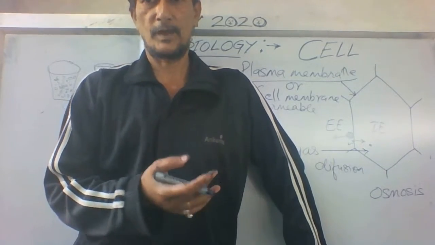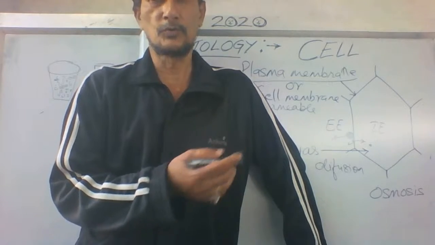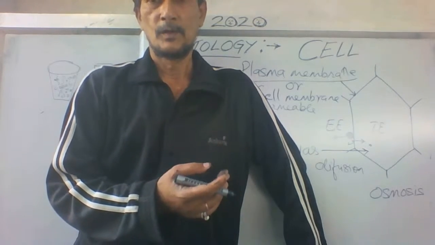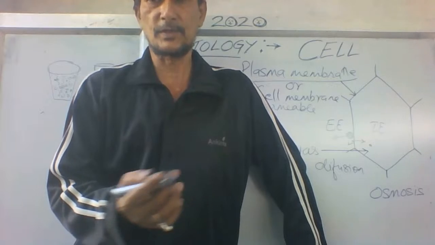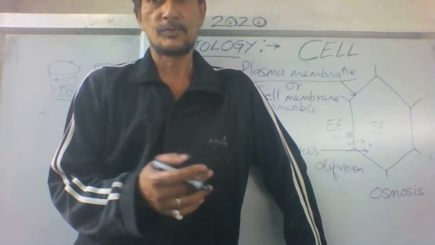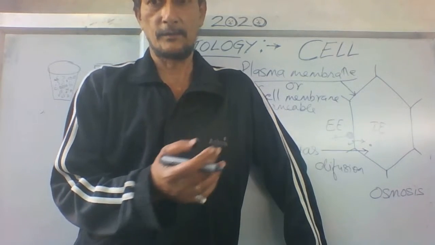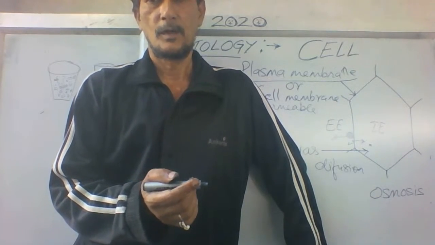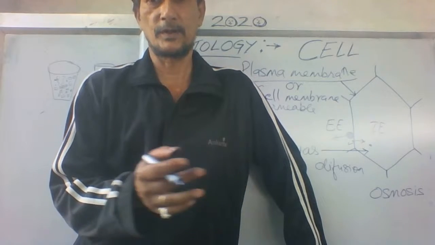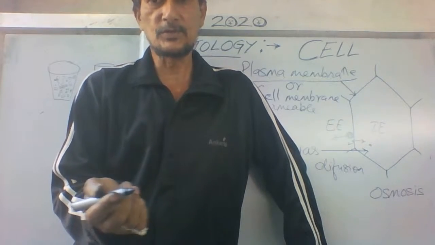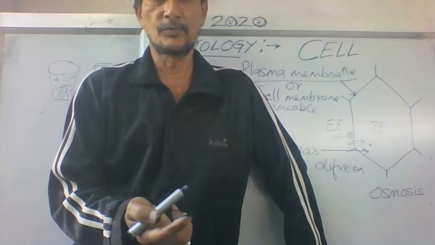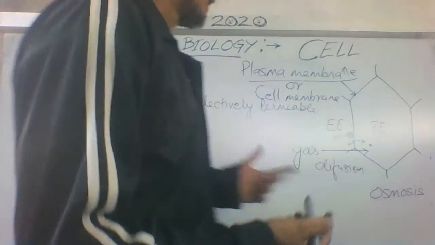Something very similar happens in the cell when, for example, some substances like carbon dioxide, which is cellular waste and has to be excreted out of the cell, accumulate in high concentration inside the cell. It is the cell which decides which has to be inside and which has not to be inside.